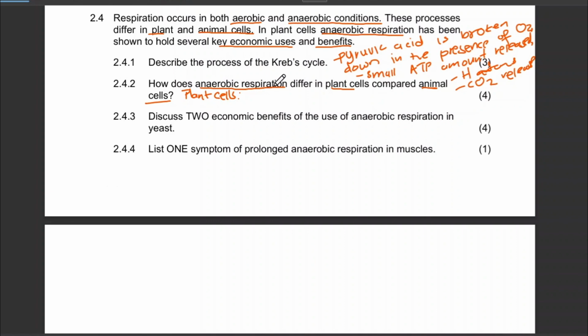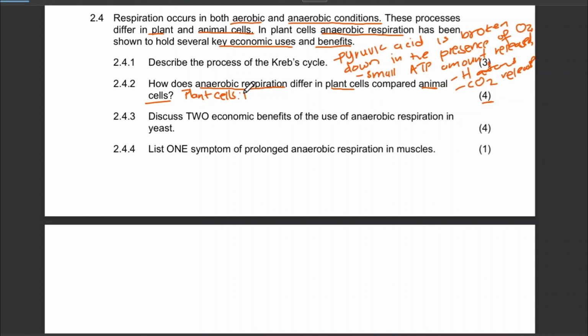In plant cells, the pyruvate is broken down into ethanol and carbon dioxide due to what we call alcoholic fermentation. In animals, the pyruvic acid will be broken down to lactic acid. That is due to lactic acid fermentation. How many marks? 4 marks.